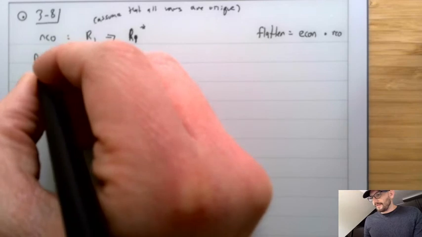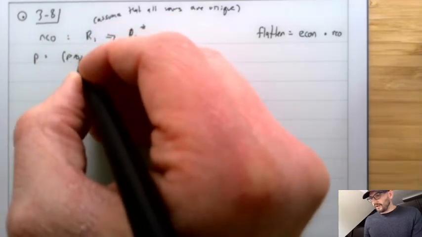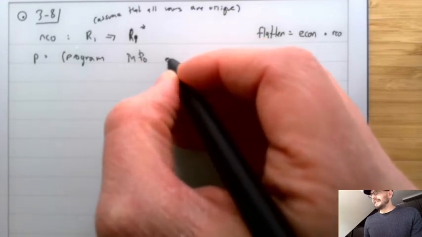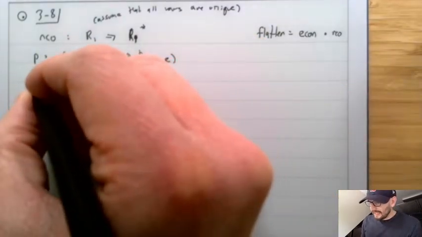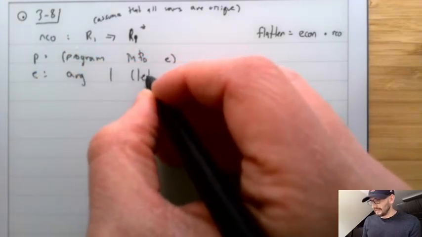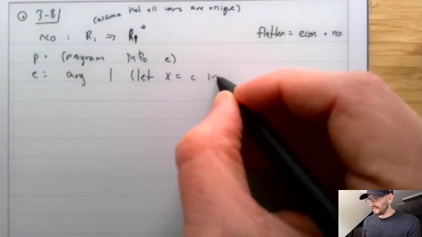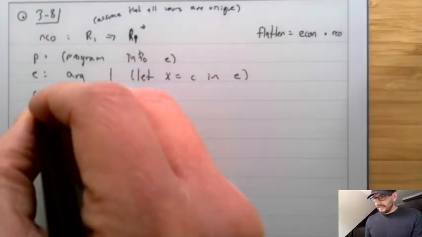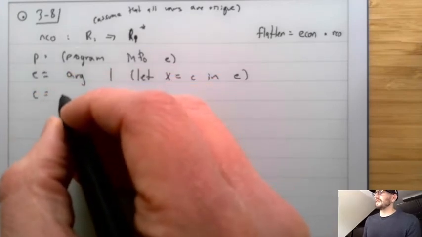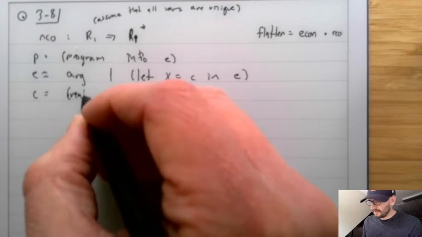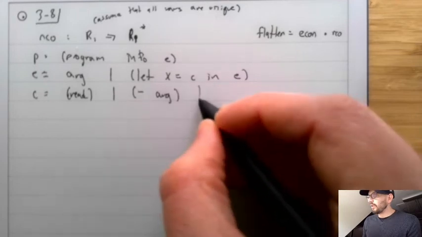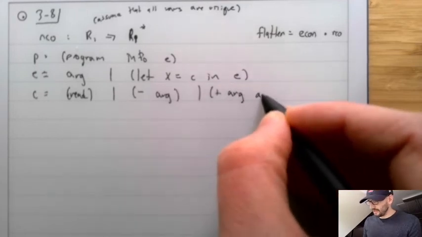You're going to have a program, program info, and then there's going to be an E. And then an E is either going to be an arg or a let of x equals C inside of E, and a C is either going to be a call to read, or a negation of an arg, or an addition of two args.